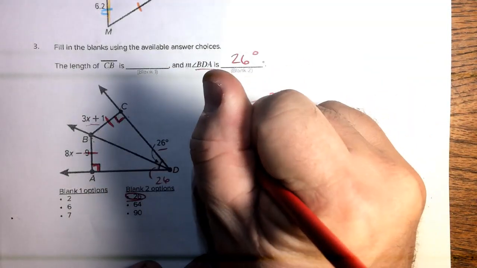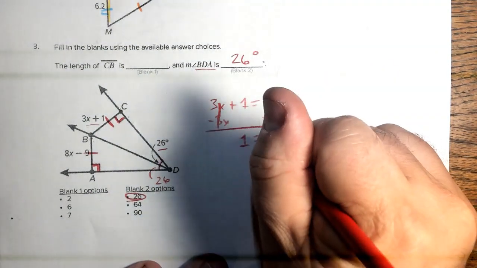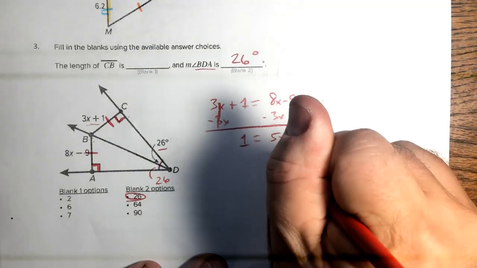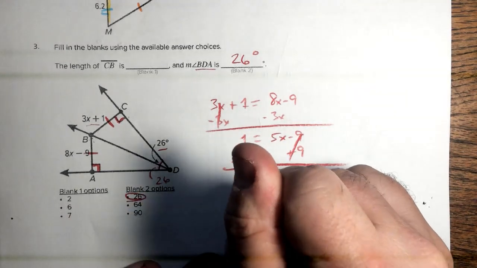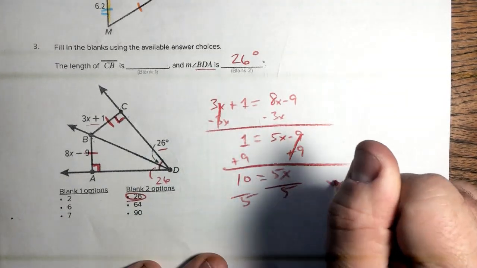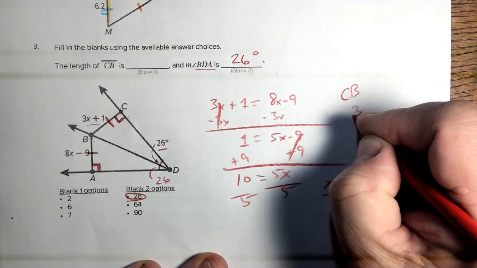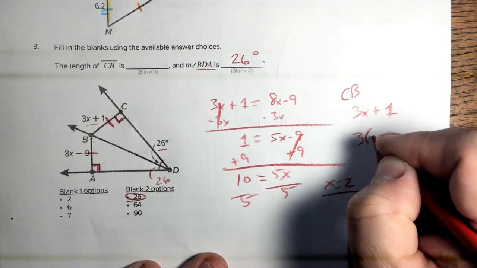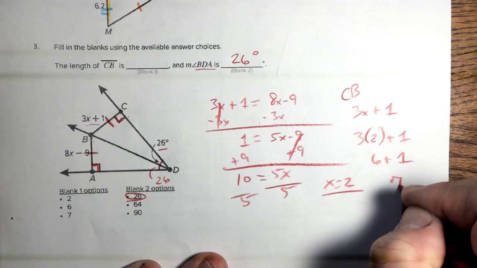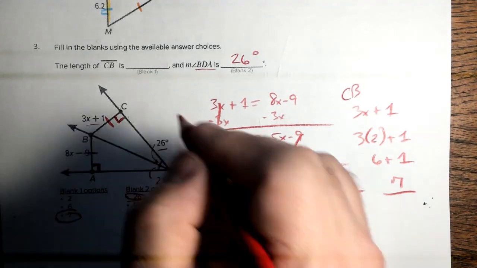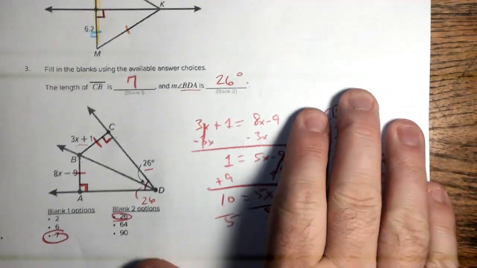So subtracting the 3x, 8x minus 3x is 5x minus 9, plus 9. 5x equals 10, divided by 5. x is equal to 2. Now we need CB, which was 3x plus 1. That's 3 times 2 plus 1. That's 6 plus 1. So this is 7, which is right here. Okay, hope you guys caught all that. All right, moving on.